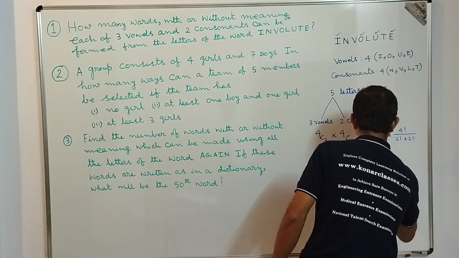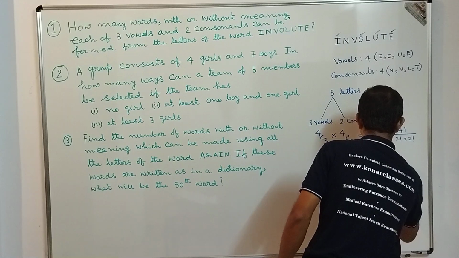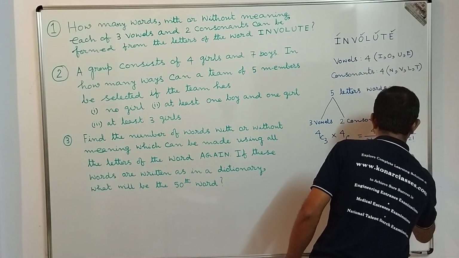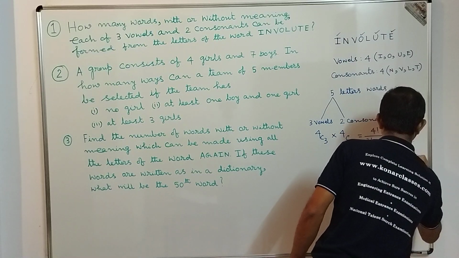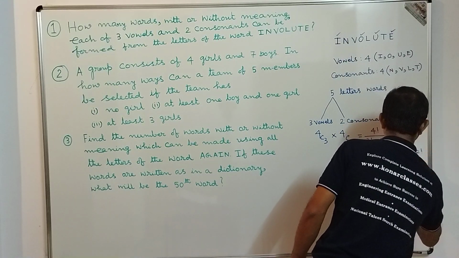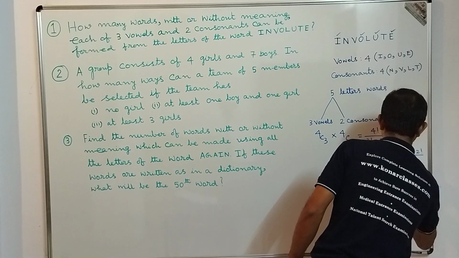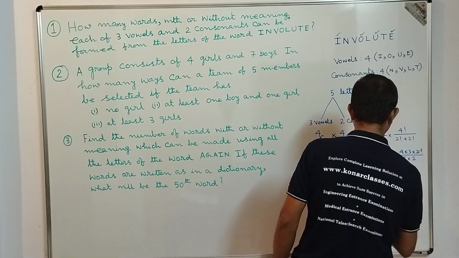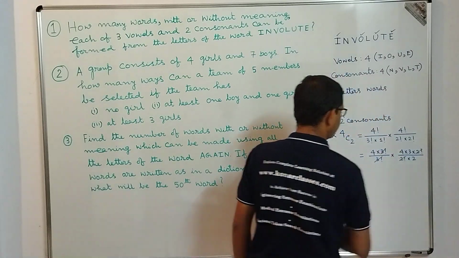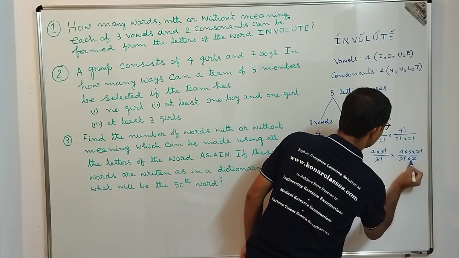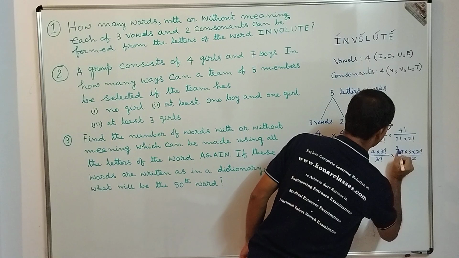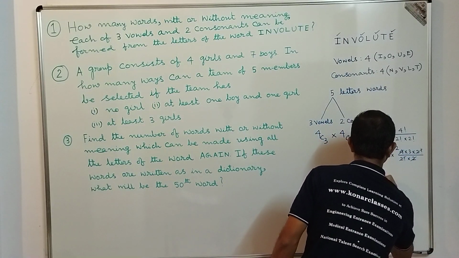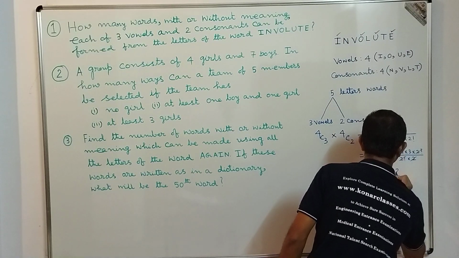We get 4 into 3 factorial divided by 3 factorial into 4 into 3 into 2 factorial divided by 2 factorial into 2 factorial, and 2 factorial is nothing but 2. So these 2 got cancelled, this 3 factorial got cancelled, and these 2 and 4 it becomes 2. So what we get dear students is 4 into 6, that is equal to 24.